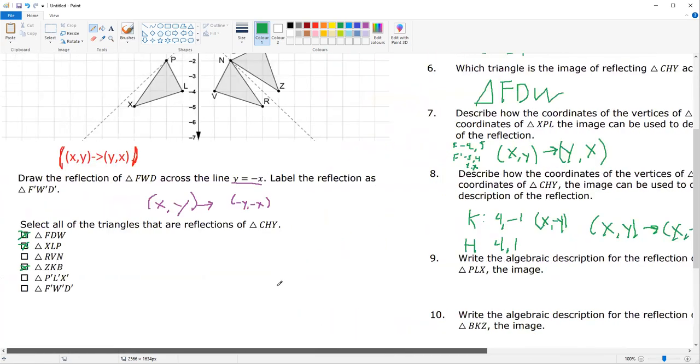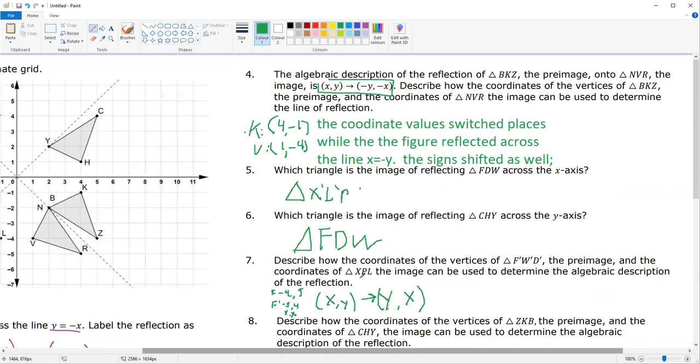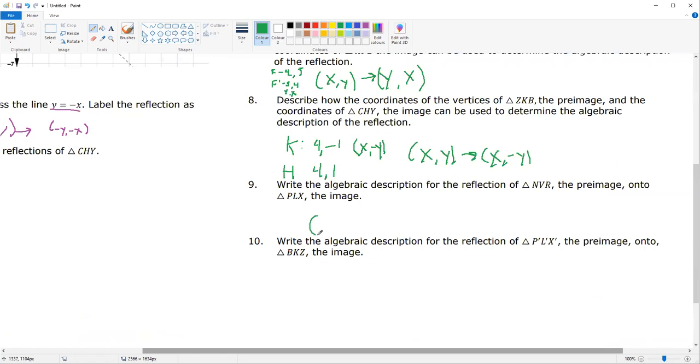We have NVR onto PLX, and we're going across the y-axis. So this should be something that you already know. You're going across the y-axis, so it's x, y, and the y stays the same, the x changes, and it's that one.